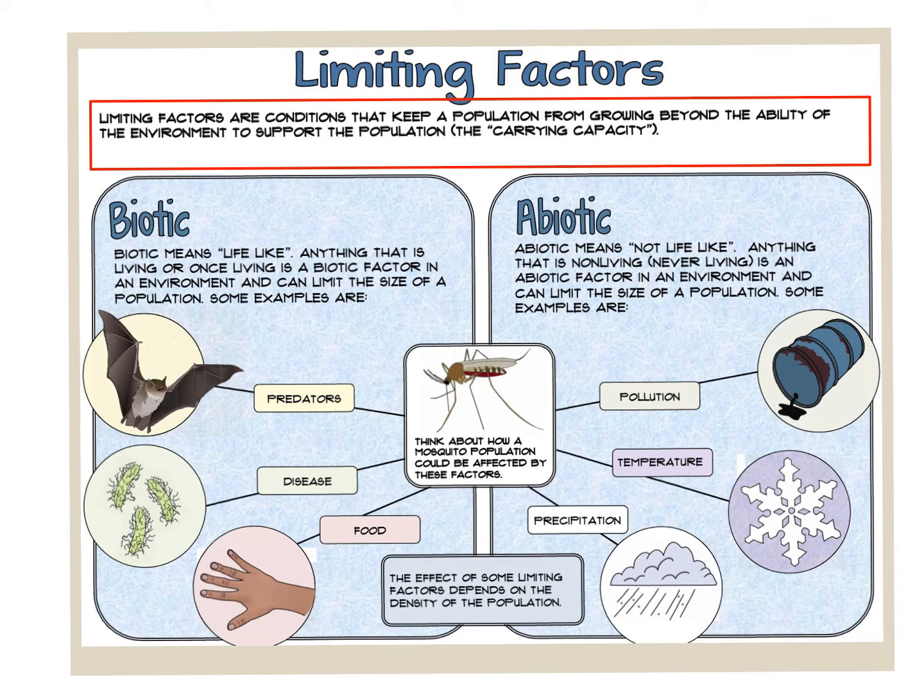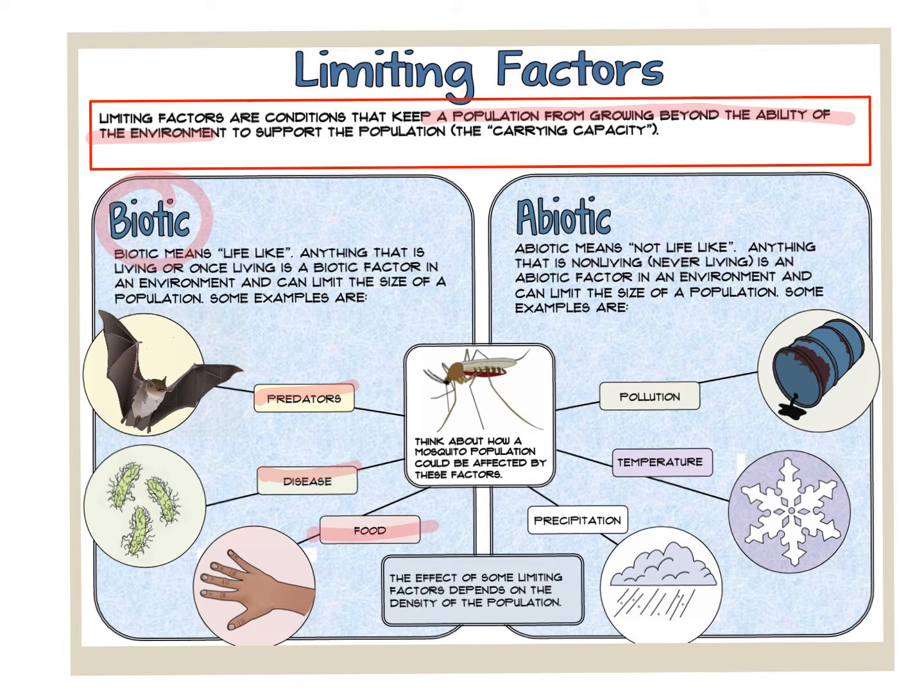So for a population to grow exponentially, they have to have no limiting factors. And a limiting factor is something that would keep a population from growing beyond the ability of the environment. So for example, some biotic limiting factors would be predators, disease, food.